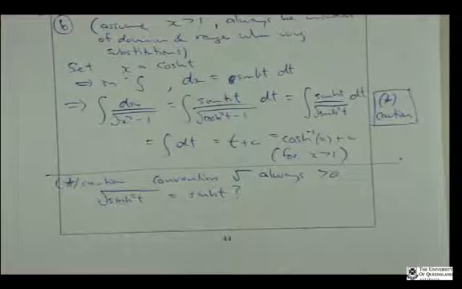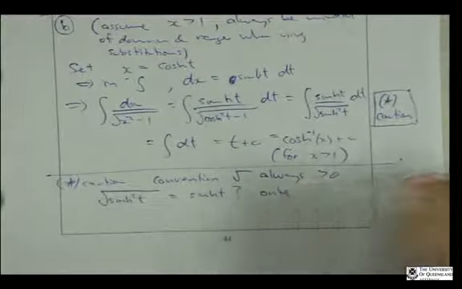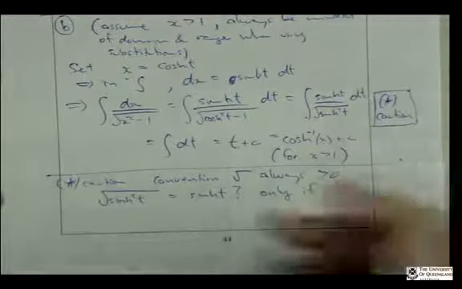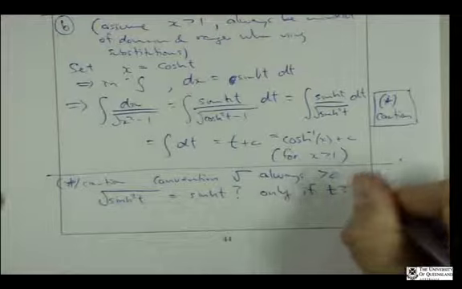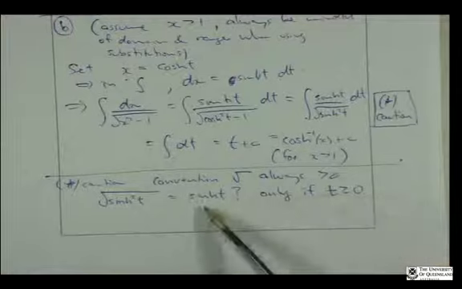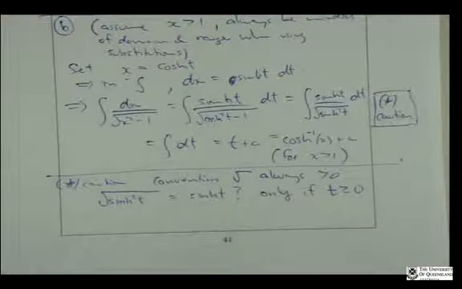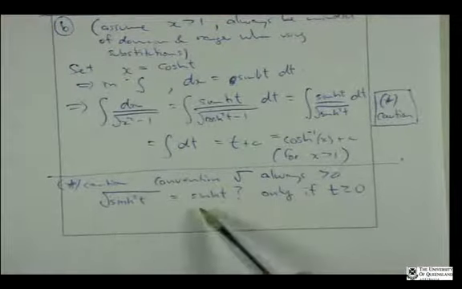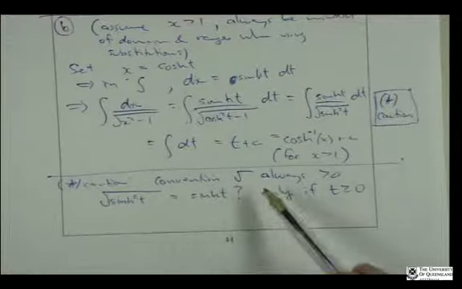Well, here on this same page on the other screen, I've got the graph of sine t, and one thing you can see is that it takes on negative values when the input is negative. Right, so to answer this question, I can say, well, it does, but only if t is greater than or equal to 0. Right? What if t was negative? Okay, if t was negative, then sine t would be negative as well, right? And that would break this convention of the square root always being positive.